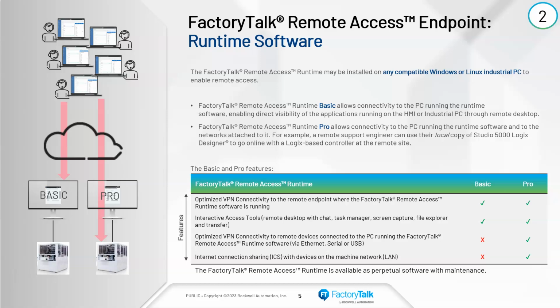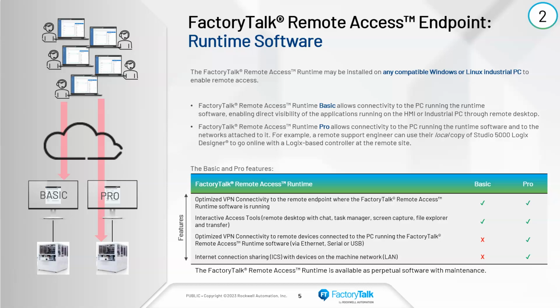Once you get the manager installed and working inside the hub, you will need a second component, which is the remote access endpoint, or the runtime software. So your remote device will have this endpoint runtime software installed on it. Then you will also have to have an entitlement for this to work. There are two options available: a basic entitlement and a pro entitlement. With the basic entitlement, you can make a remote connection directly to that device and be able to access and interface with that device that has the runtime software on it.